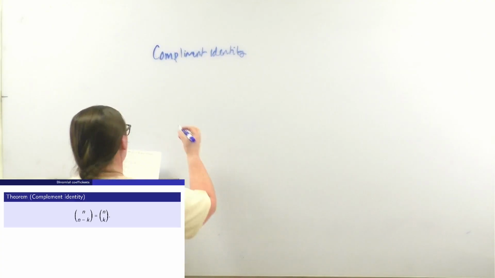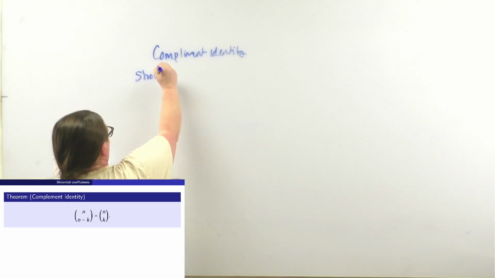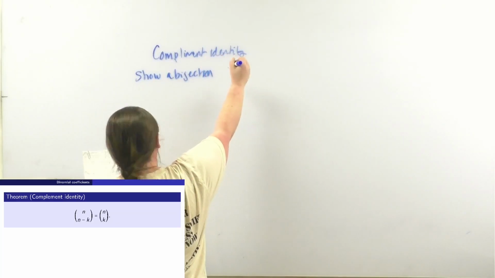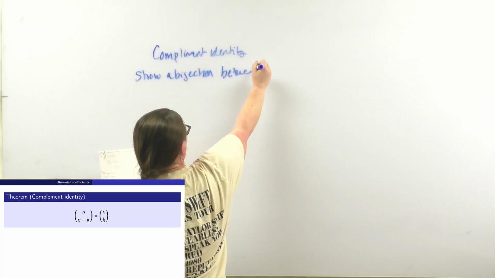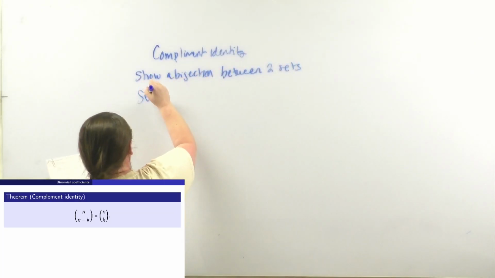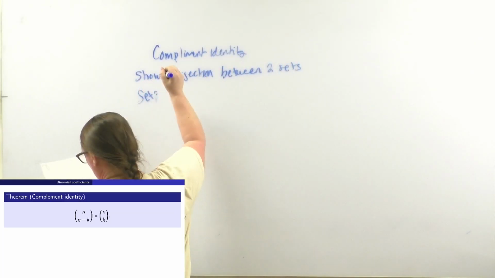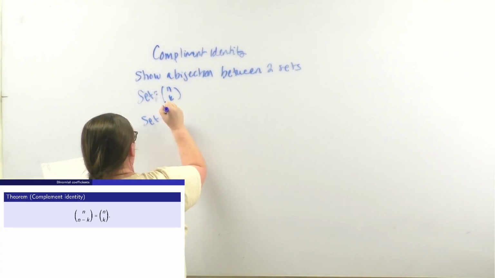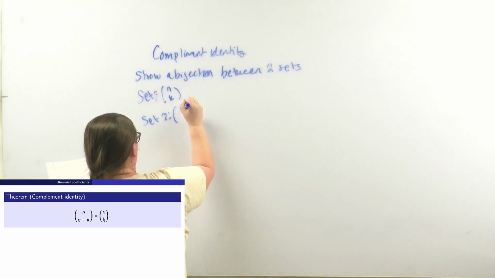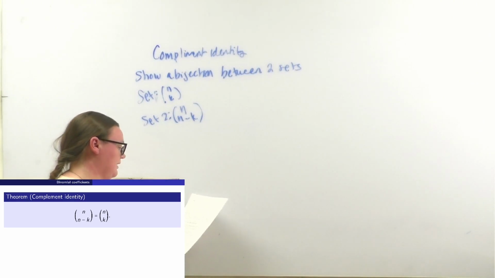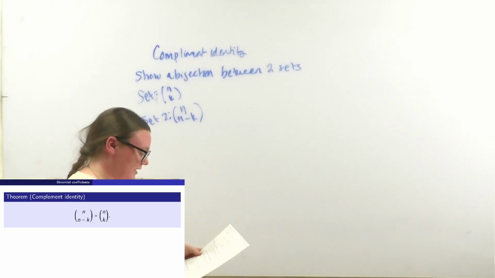Okay, so we're going to show a bijection between 2 sets. Set 1 is going to be n choose k, and set 2 is going to be n choose n minus k. And since there's a bijection here, they have the same cardinality, so that's very cool.